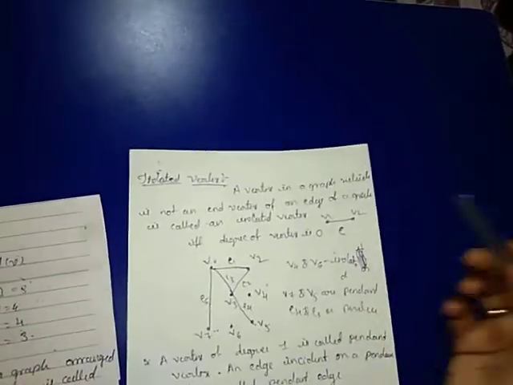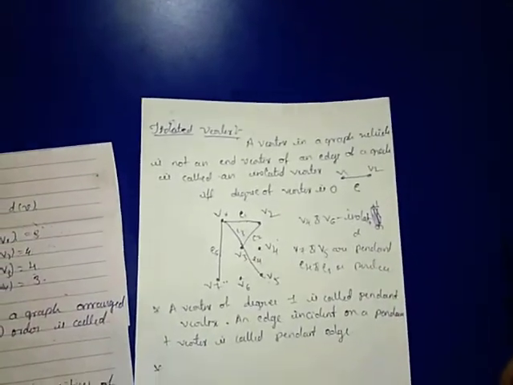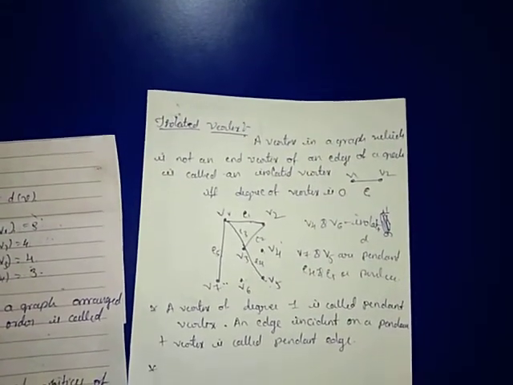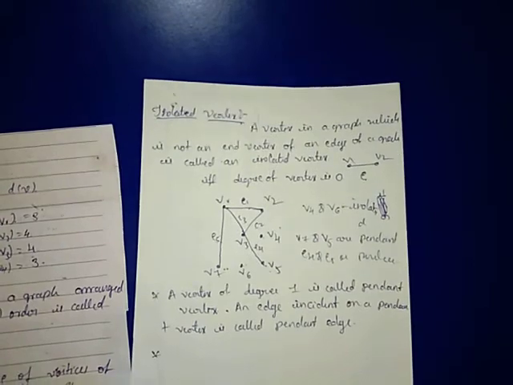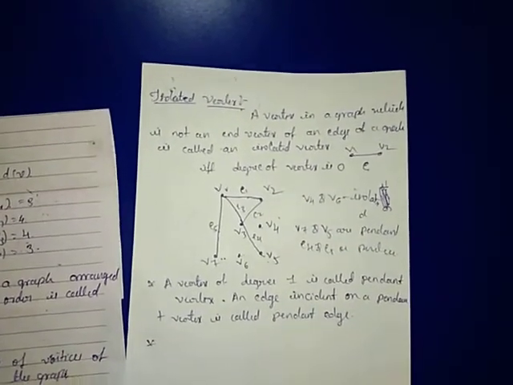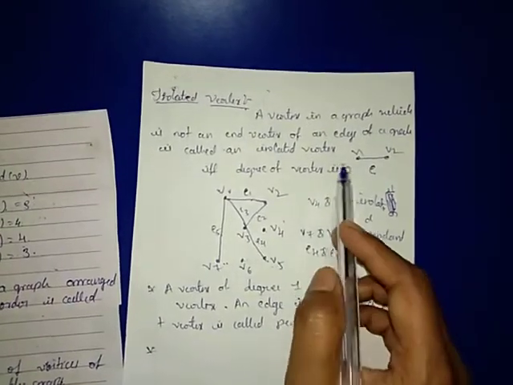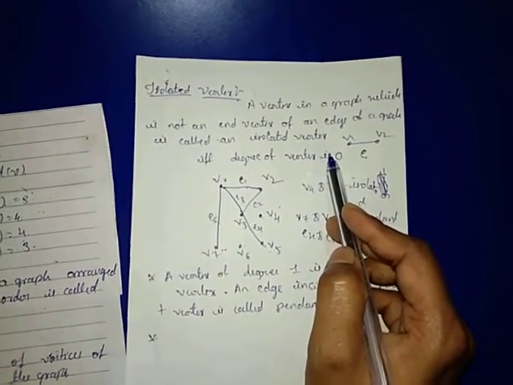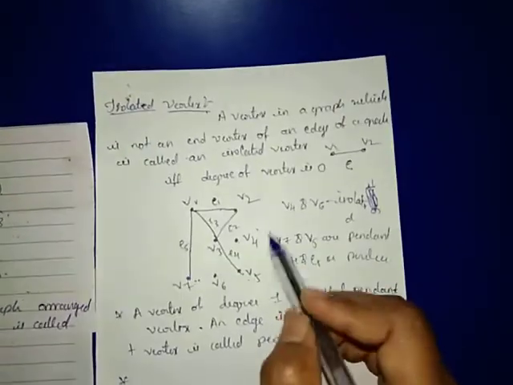And an isolated vertex means a vertex in a graph which is not an end vertex of any edge of the graph. Generally, we also say that a vertex is said to be isolated if and only if the degree of the vertex is 0. And a vertex is said to be a pendant vertex if the degree of that vertex is 1.